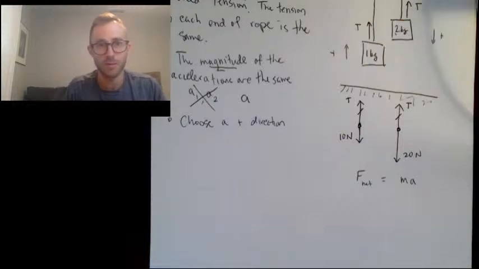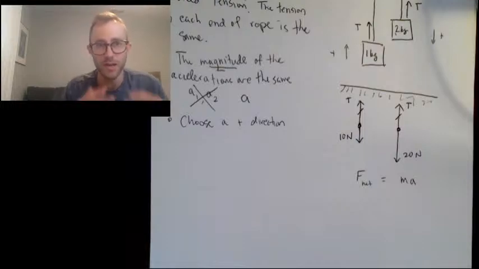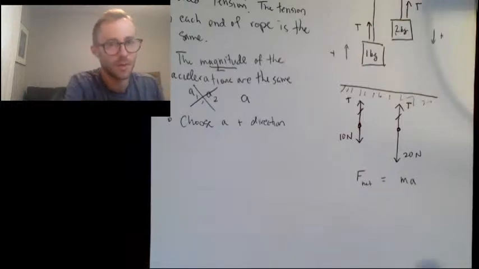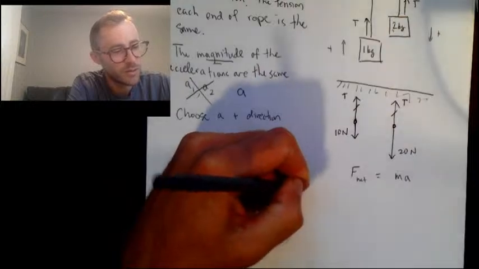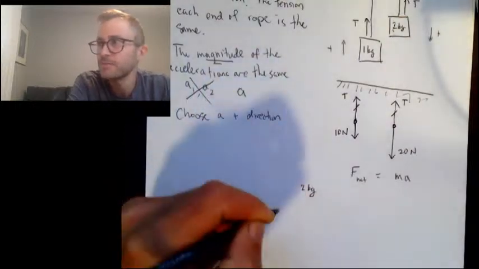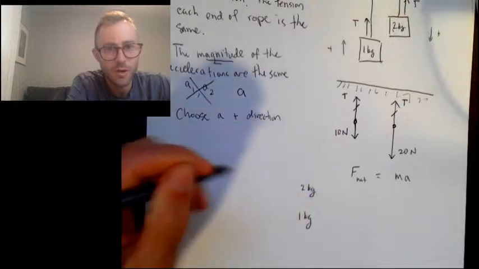That would be a really multi-part system because you have moles and moles of atoms in your body. That's a lot of Newton's second laws to worry about. Nature figures all that out. So I'm going to write Newton's second law for the 2 kilogram mass, and I'm going to write Newton's second law for the 1 kilogram mass.